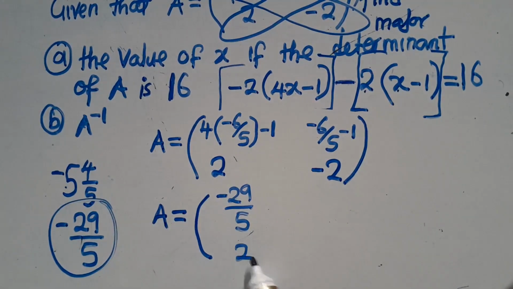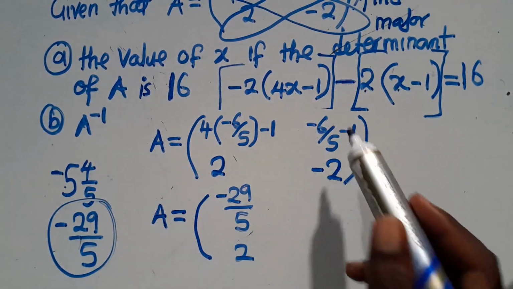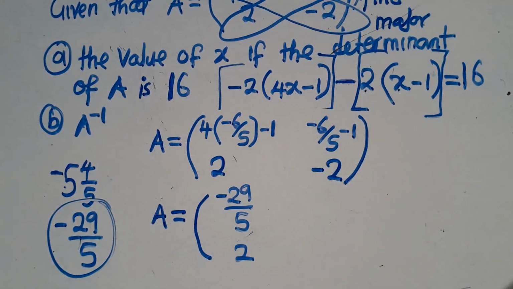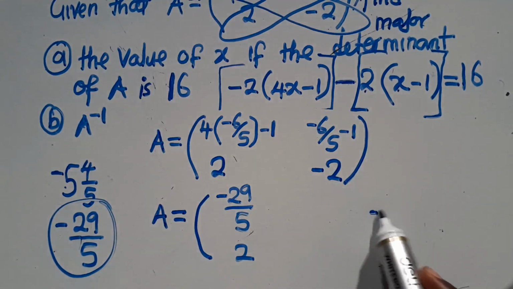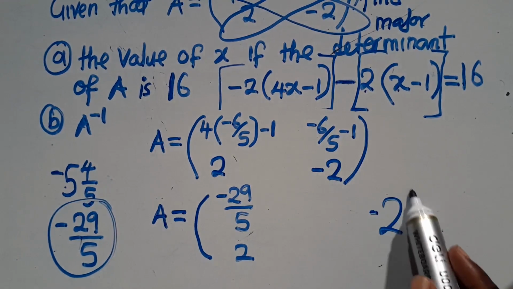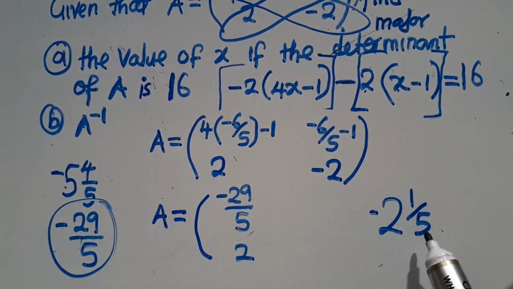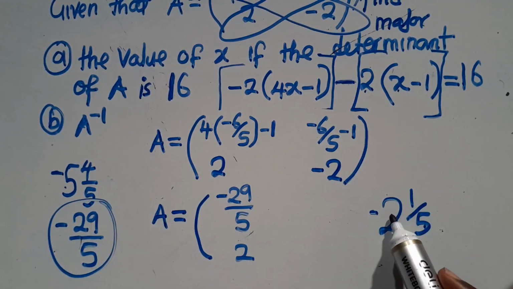Here I've got a 2. There I work out this part. So what am I going to do? Negative 6 over 5 minus 1. What is the answer? I'm getting something like this: negative 2, 1 over 5. So 5 times 2, 10.